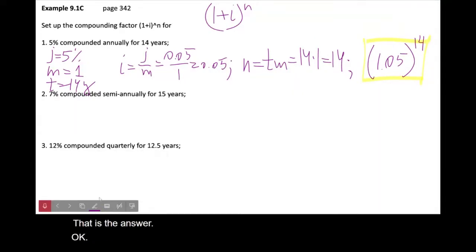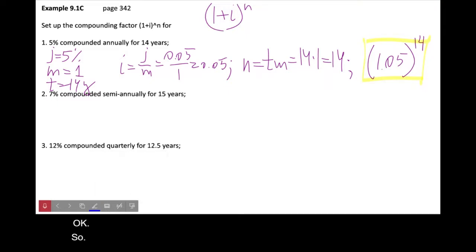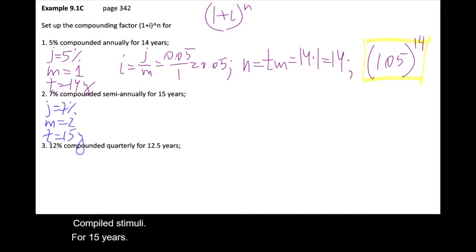Now J is 7%, compounded semi-annually for 15 years. So i is 0.07 over 2.